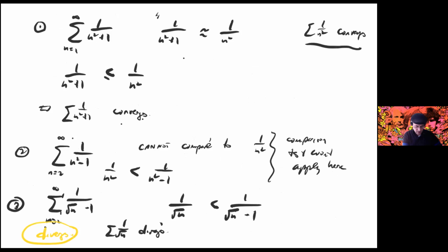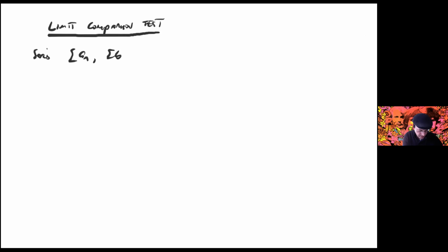There's another comparison test which is actually more useful in situations like that. It's called the limit comparison test. And it goes like this. So you have series, summation a sub n, summation b sub n, and a sub n and b sub n are both at least 0 for all n.